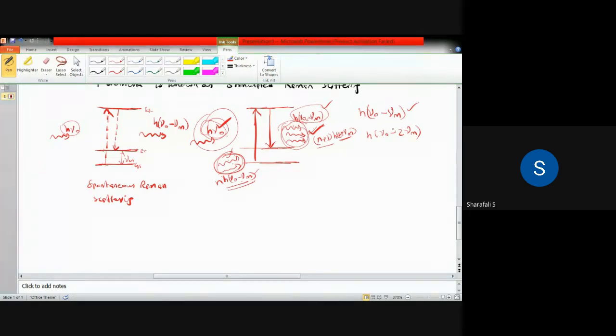So the next radiation interacts with the material or the sample, and will excite the sample to some energy level, and when it comes back, it can produce some other scattering, like nu 0 minus 2 nu m or nu 0 plus 2 nu m, like that. So this high intensity field itself is enough to produce the scattering, and we will get additional scattered beams or spectral bands.